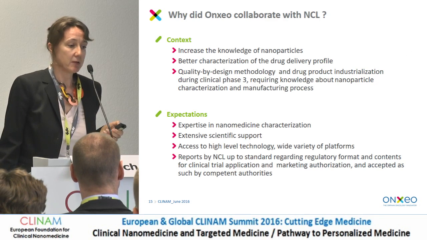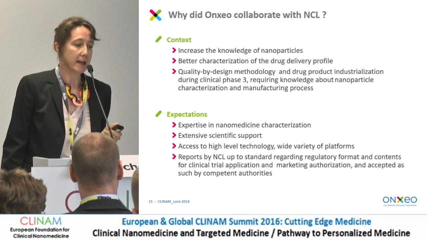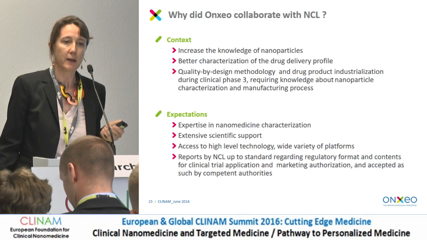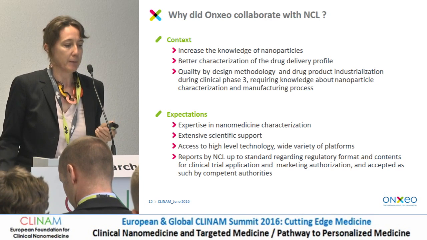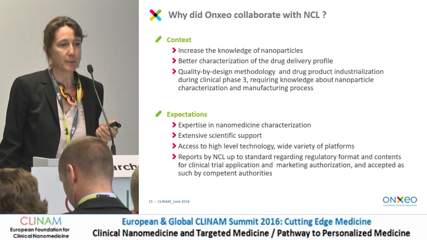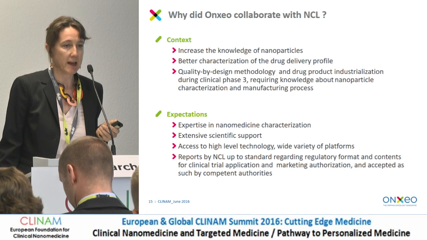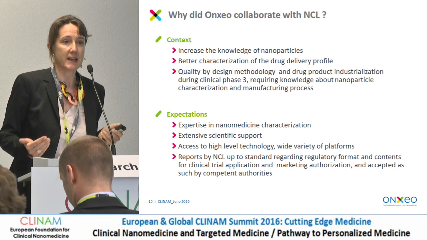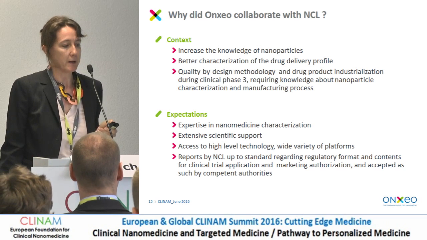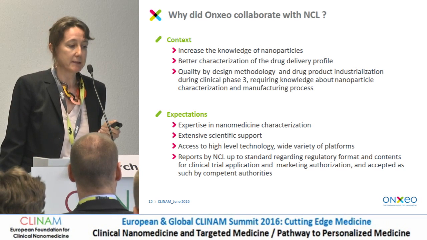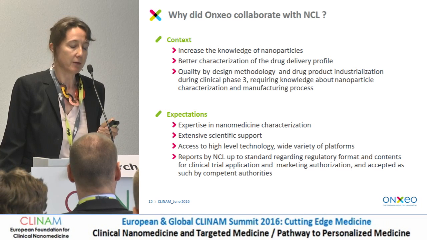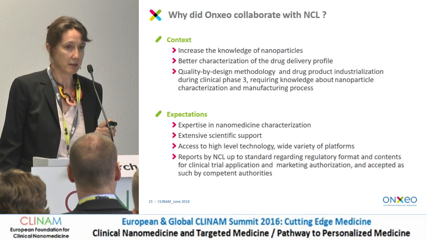Why did Onxeo decide to collaborate with the EUNCL? Because we are already in phase 3, and usually you have the opportunity to have an agreement with the EUNCL if you're at an early stage or before the first in man of your product. So the context is we would like to increase the knowledge of nanoparticles and to have a better characterization.